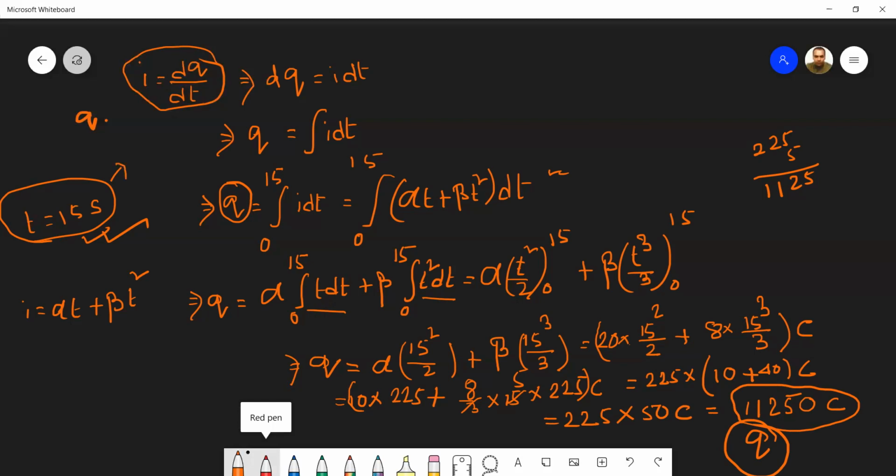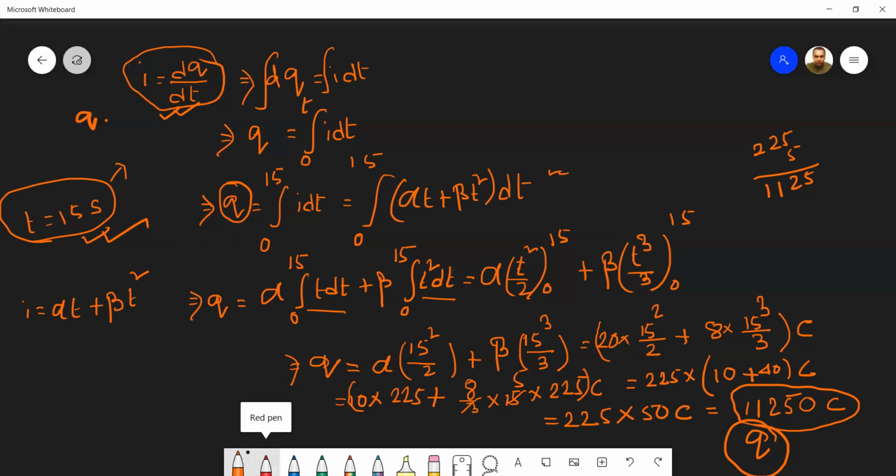So, a very simple problem. Let us revisit it. Current is the charge that flows in a given amount of time, so dq is equal to I dt. Just integrate this on both sides, so q is equal to the integral from 0 to t of I dt. T is given to be 15, so in place of t, just replace it by 15.